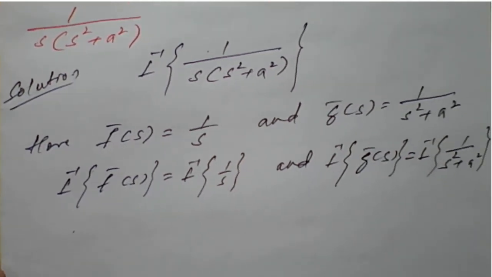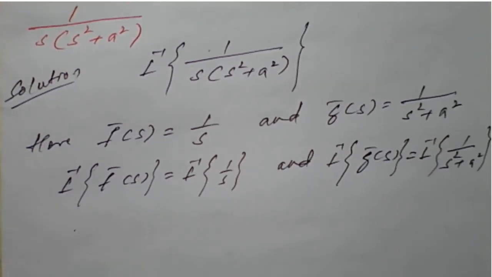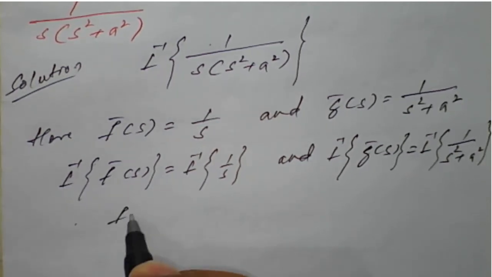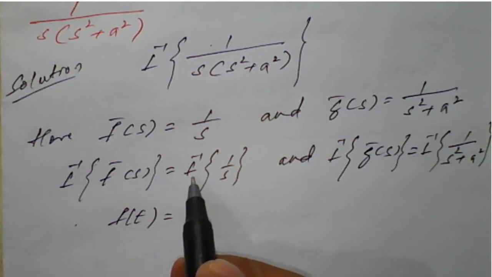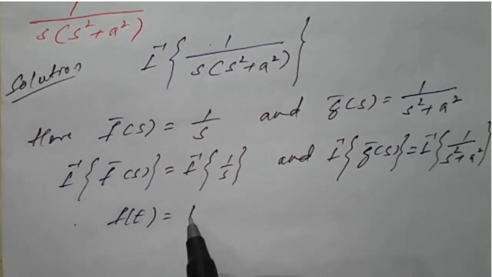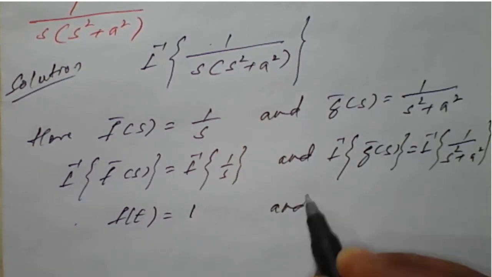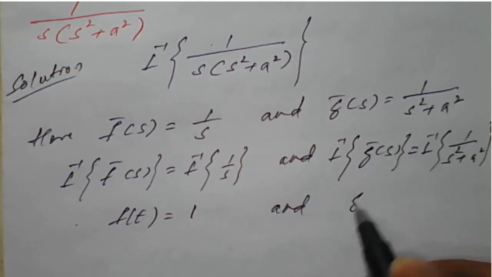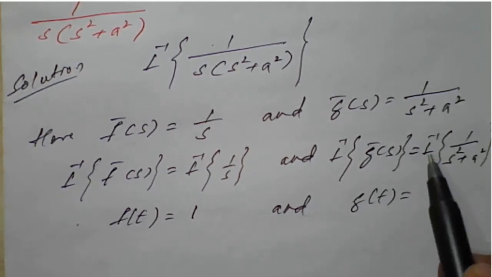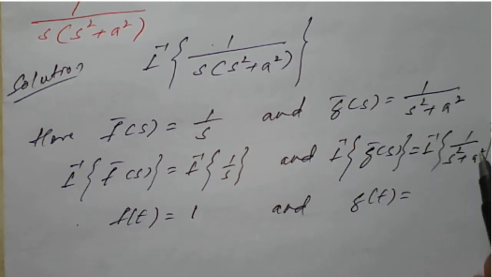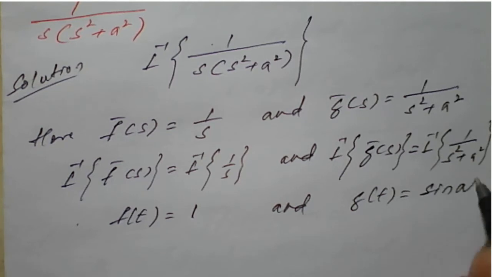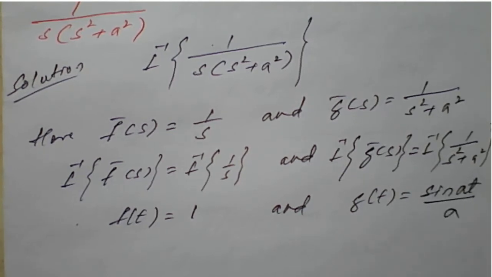Inverse Laplace of f dash of s is nothing but f of t, so inverse Laplace of 1 upon s is nothing but 1. And inverse Laplace of g dash of s is nothing but g of t, and inverse Laplace of 1 upon s square plus a square is nothing but sine of at divided by a.